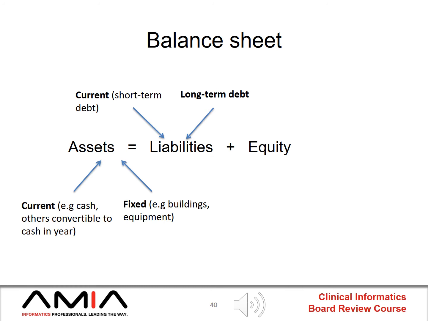And then equity. Equity is the portion of your assets that you own outright. You can think of this in terms of your own house. You may have a mortgage with debt, but you also have the value of your home, and equity plus liabilities is equal to your assets.